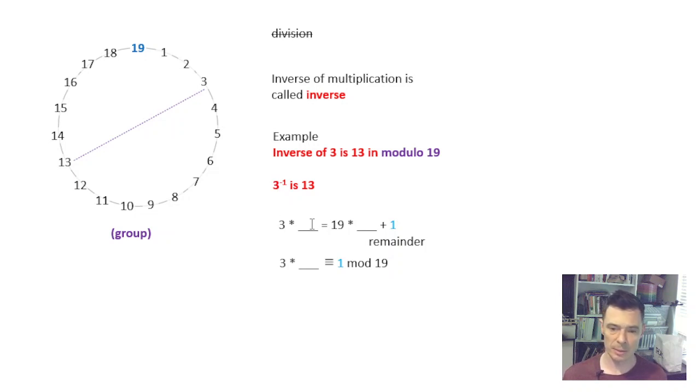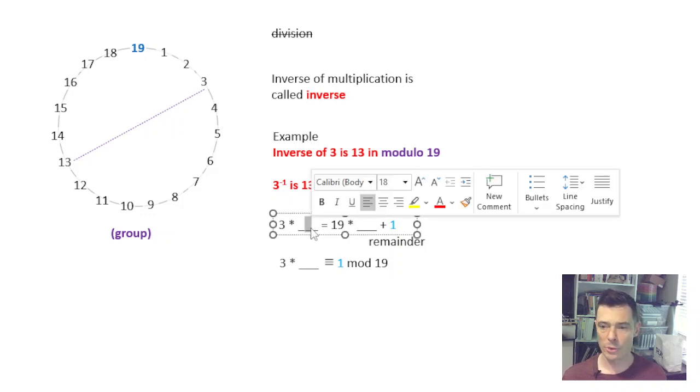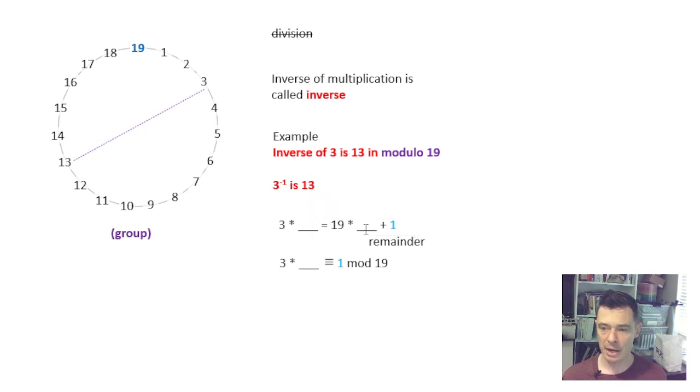And the process you're going through is you're searching for some number that when multiplied by 3 is going to equal 19, your modulus, some multiple of 19, and a remainder of 1. And there's more to this piece now. This remainder of 1 we're not going to cover, but just know that these conditions must be met in order to have the inverse of a number within this circle.